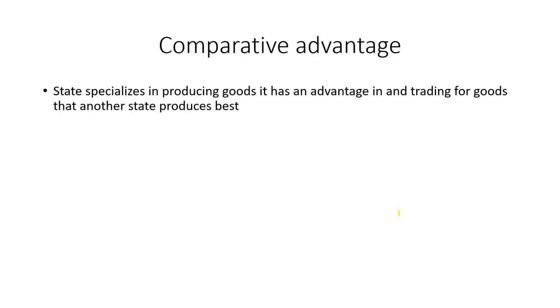Let's talk about comparative advantage, which is theoretically how the global trade system is motivated. It doesn't always work this way, but what we're looking at is that a state specializes in producing the goods that it has an advantage in producing and trades for goods that another state produces better.